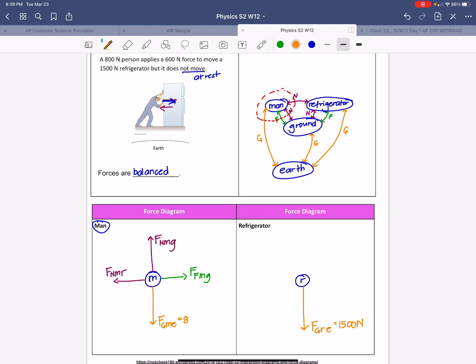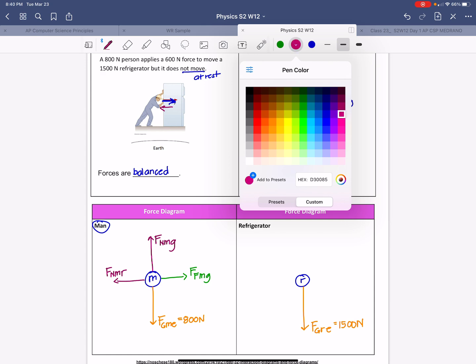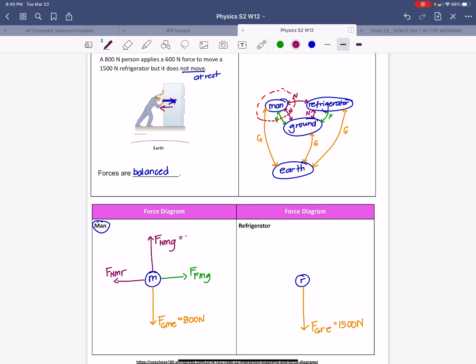So we have 800 newtons. And we have a person, so the ground is also going to be pushing up on the man with 800 newtons. Okay, and so we see this from here.